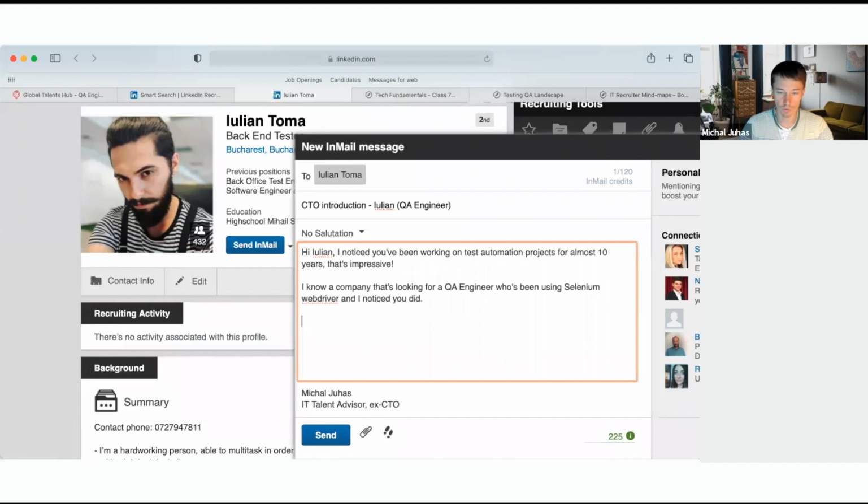We can say, I know a company that expanded their backend and front-end teams in the last few months, and now they want to get their DevOps and testing automation to the next level.